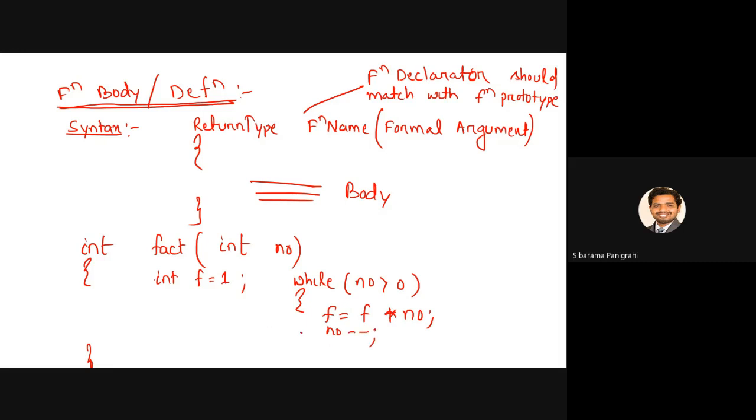So this is the logic for factorial. After computation, the factorial is stored in which variable? F. So I will write return f. Then close the curly bracket. So this is the function body of factorial function. Is that clear, dear students?